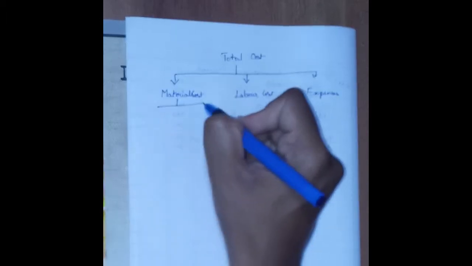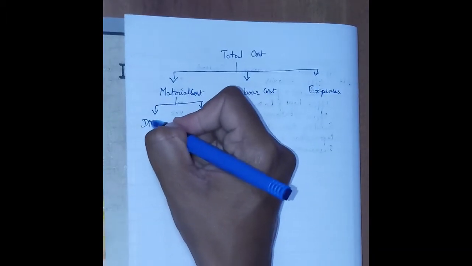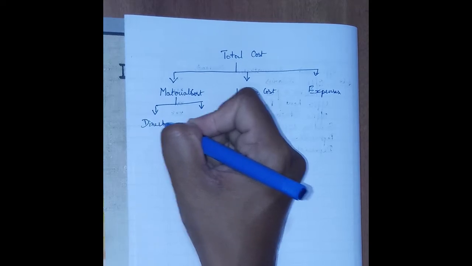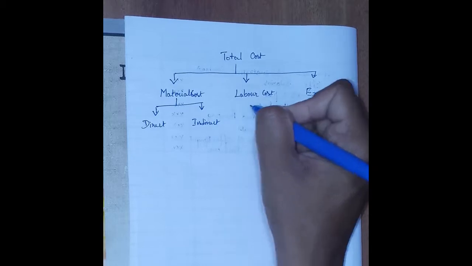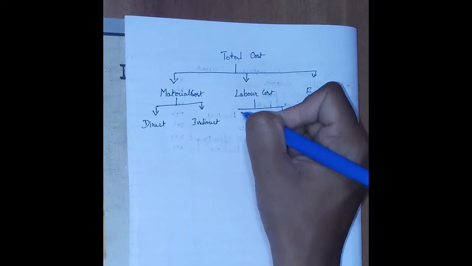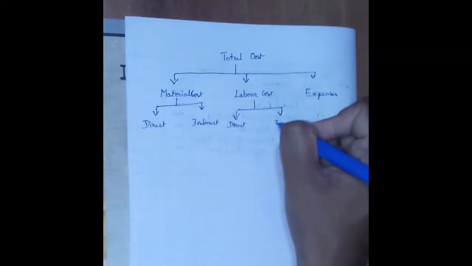Again, it is divided into two subcategories: one is direct, another one is indirect. All three are divided in the same way: direct and indirect.